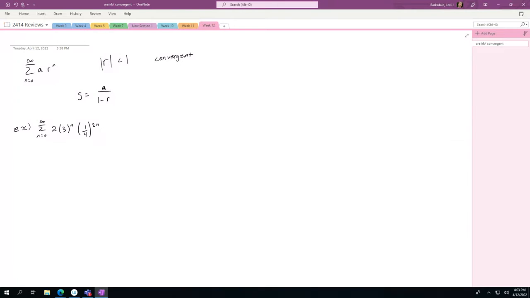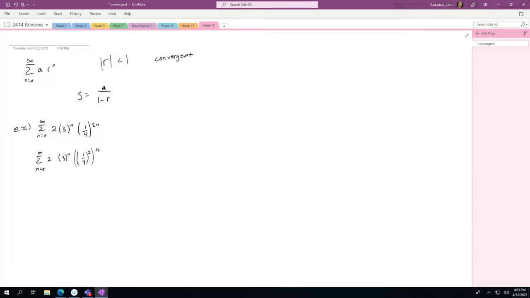We can make it 1/4 squared, all to the n. So you're saying we've got the sum from n equals 0 to infinity of 2 times 3 to the n, and then 1/4 squared to the n.